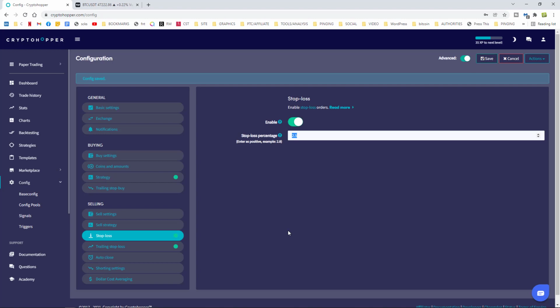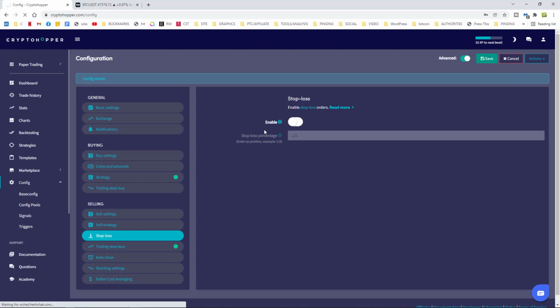It's $2.50. So suddenly you bought Bitcoin and it's only worth $97.50 now because Bitcoin's tanking. The bot will go, sell this quick before it goes down anymore. Alright, that's up to you whether you use that or not. And for this, since it's a paper trading bot, I'm not going to use stop loss. Alright, so now click save because I've just changed something on this page.